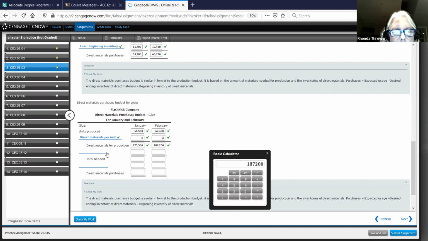And then we're going to add in our ending inventory. Our desired ending inventory is going to be calculated the same way we did above. We take the direct materials for production for the following month, which would be February. We're going to multiply that by 20%.